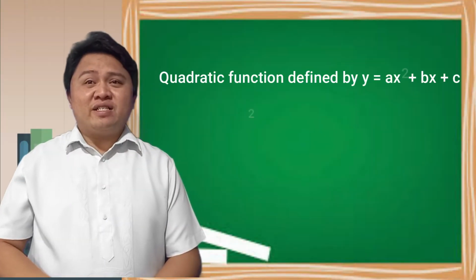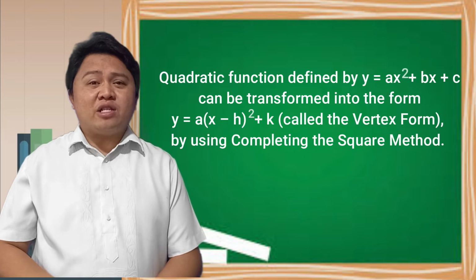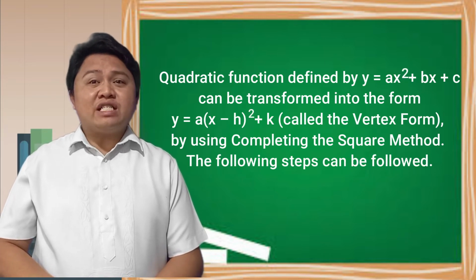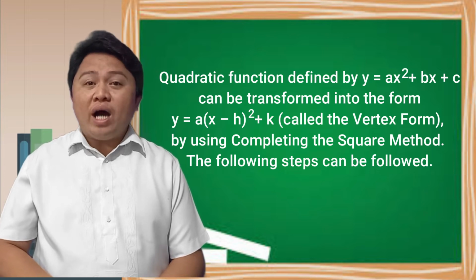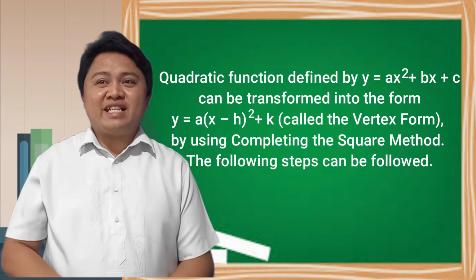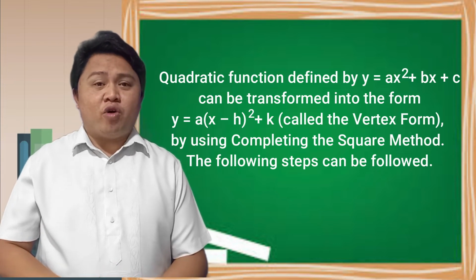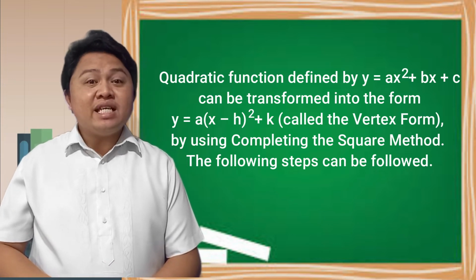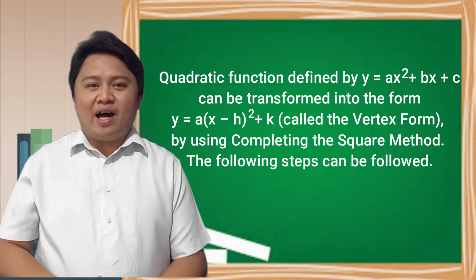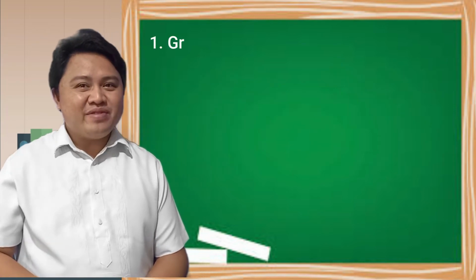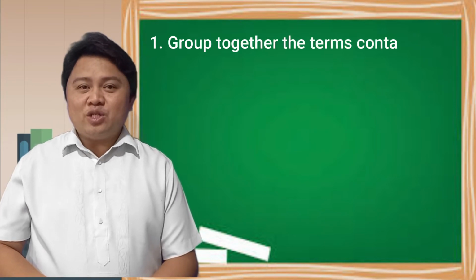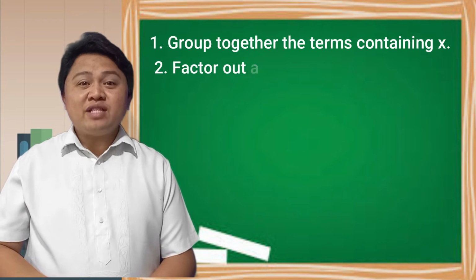A quadratic function defined by y equals ax squared plus bx plus c can be transformed into the form y equals a quantity x minus h squared plus k, called the vertex form, by using the completing the square method. The following steps can be followed. 1. Group together the terms containing x. 2. Factor out a.